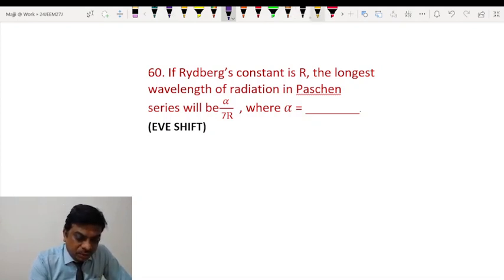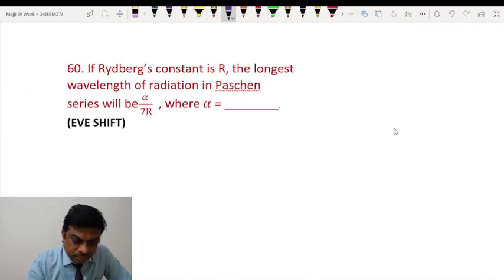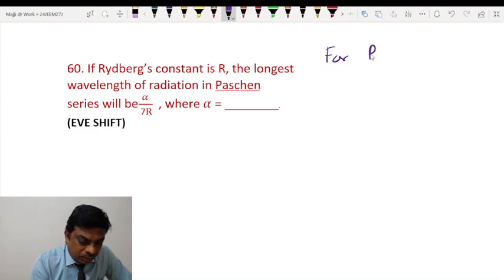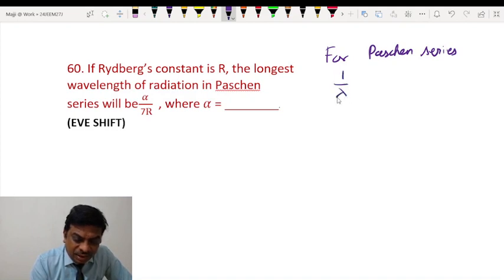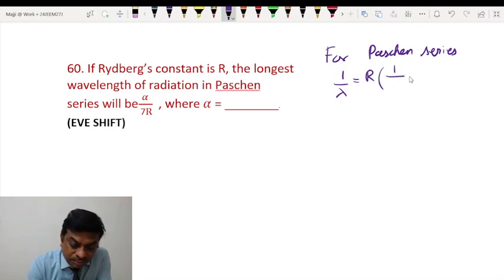So here you know, students, for Paschen series, 1 by wavelength, that is the wave number, is equal to Rydberg constant into 1 upon... First one is Lyman, second is Balmer, third is Paschen, fourth is Brackett, and fifth is Pfund.